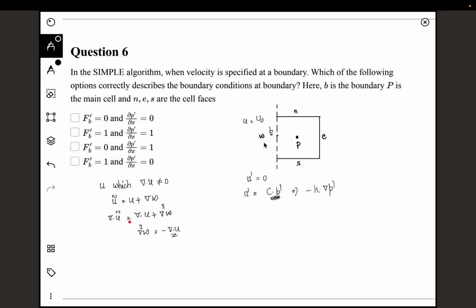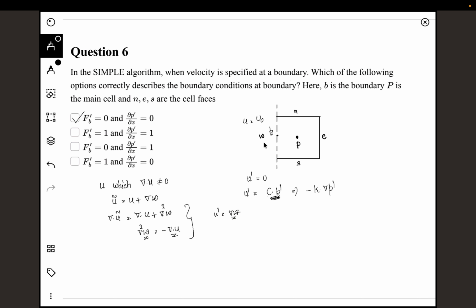Once you solve this Poisson equation, you will get the w value. You can use the w to make your velocity divergence free. So this del w is what we are calling u prime, my correction. So if u prime is 0, then the gradient of that particular scalar field should also be 0. It is the first option.